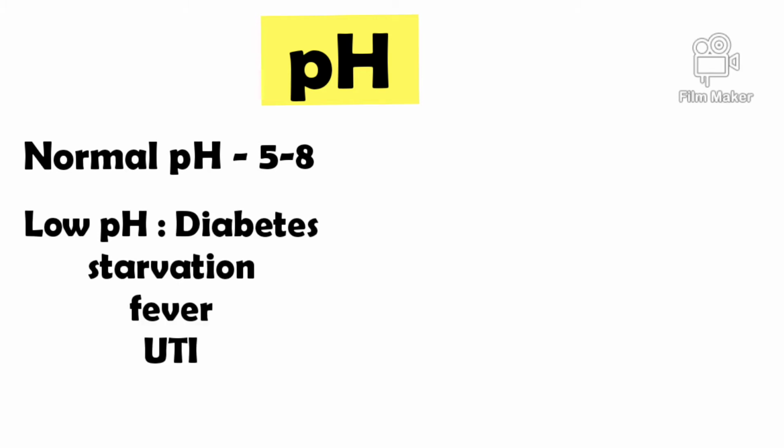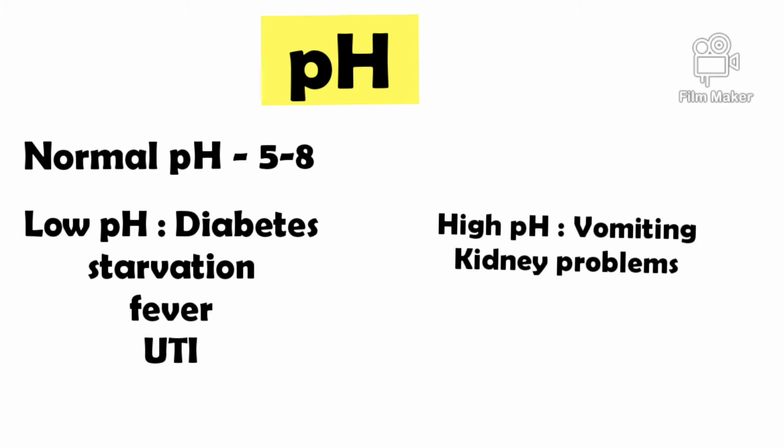Next comes the pH. Normally in a healthy individual the pH is 5 to 8, but in certain conditions the pH will be low, that is, the pH becomes acidic. Generally low pH is seen in conditions with diabetes, starvation, fever, and urinary tract infections. But in certain conditions the pH is increased, that is, alkaline urine is generally seen in conditions with severe vomiting. This is all about the pH.